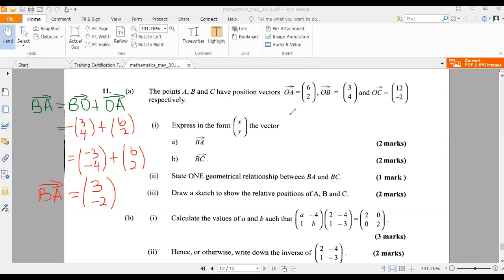All right. So let's move on now. This time around, we want to find BC. Can I move on to BC now? All right. So let's go now. Can somebody help me to find it? Just let us write it off first.